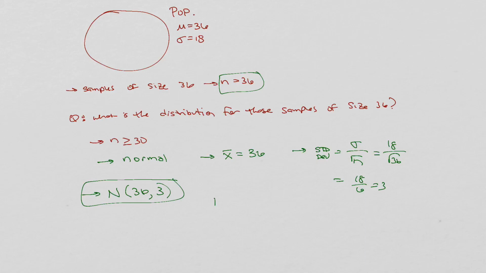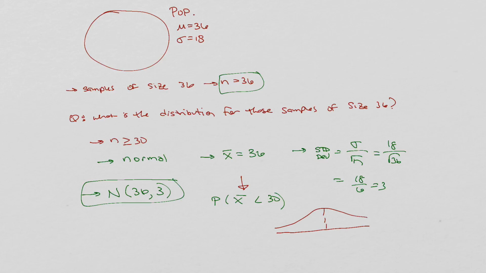Okay? So if I said to you, what's my probability, I don't know, how about X bar is less than 30? Well, whenever you see X bar, that should be a hint that you're talking about the sampling distribution. So it'll look something kind of like this.